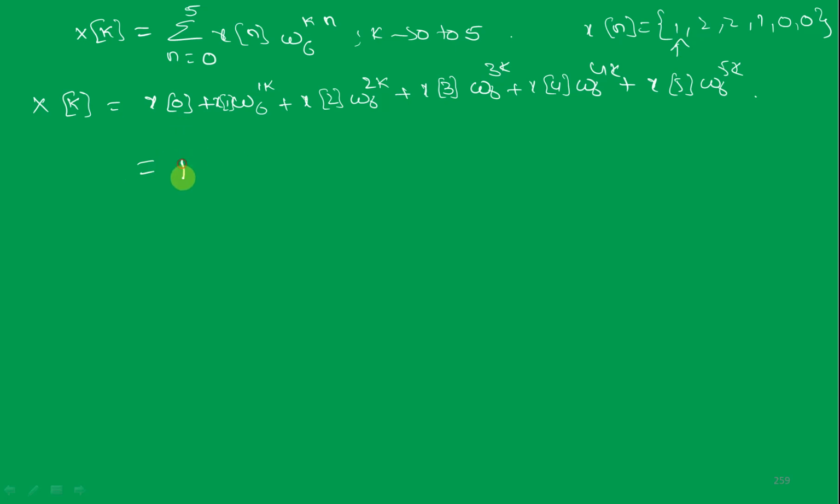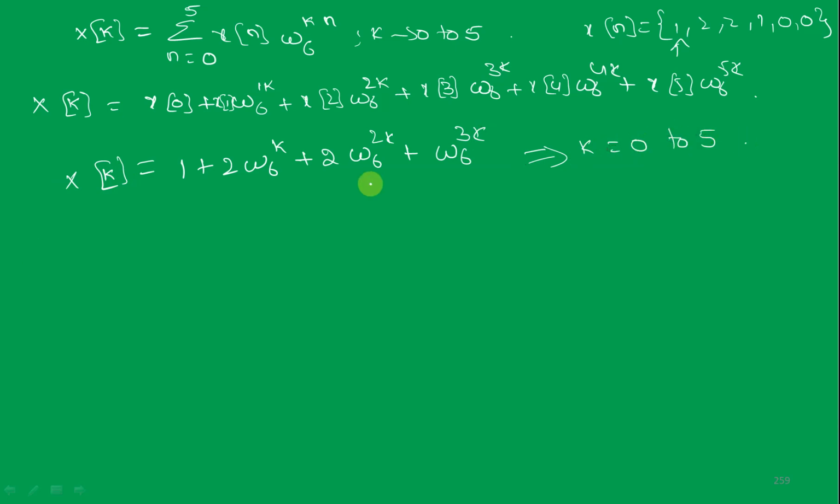X of 0 is 1, x of 1 is 2, x of 2 is 2, x of 3 is 1, and the remaining are zeros. Now this is x of k. Here k is 0 to 5. So take this formula and then determine the x of k values.